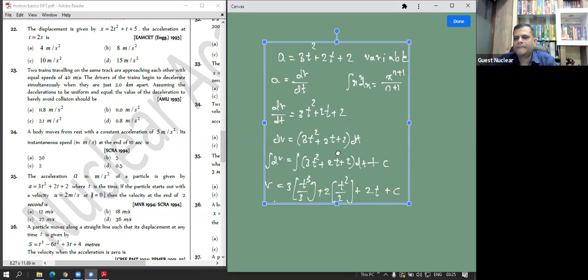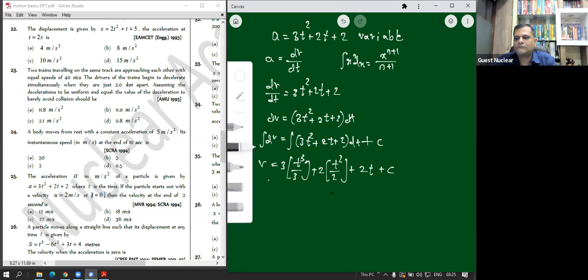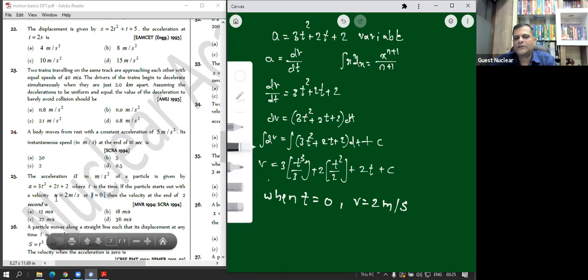Look here, okay, we have to use that when t is equal to 0, v is given to be 2. When the value of t was 0, the value of v at that time was 2. So this is given to us here, look carefully, okay, and we have to make use of this fact here in this equation so as to find out this c, okay.